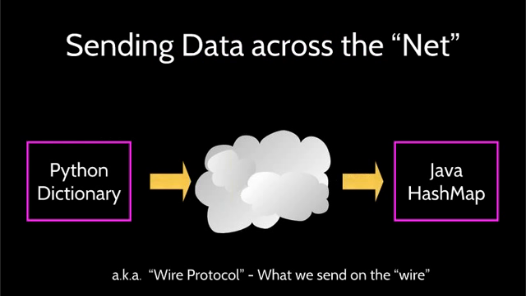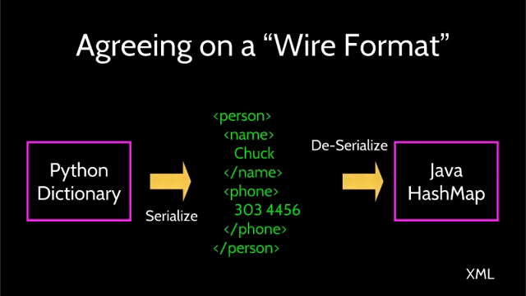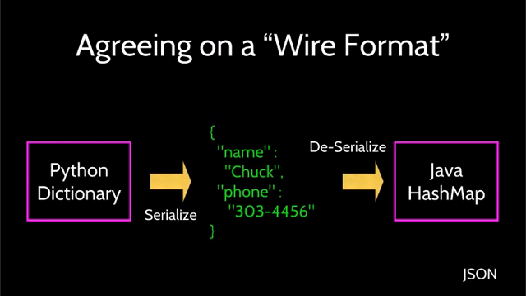So instead of being bound to a particular language, they generally settle on communicating in terms of XML or JSON. Here you can see that the dictionary is first converted into XML, then this gets deserialized into JSON. That's how generally web services work.